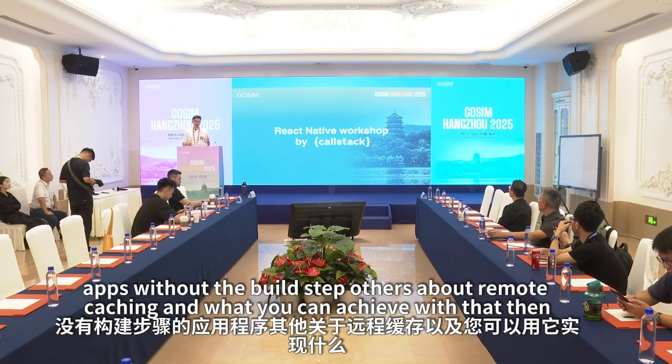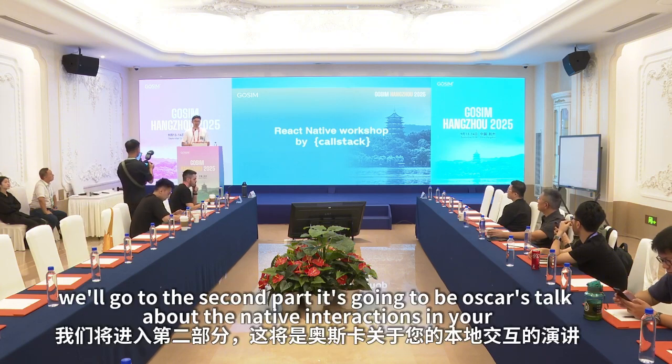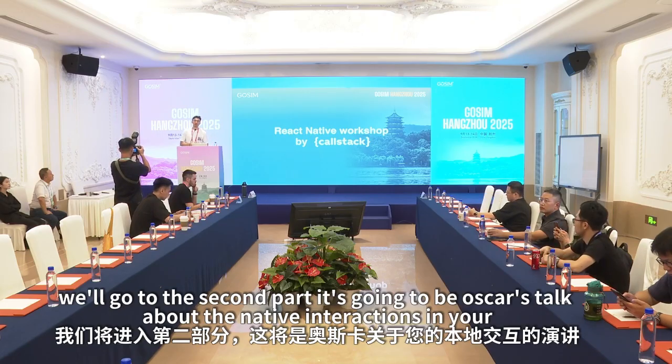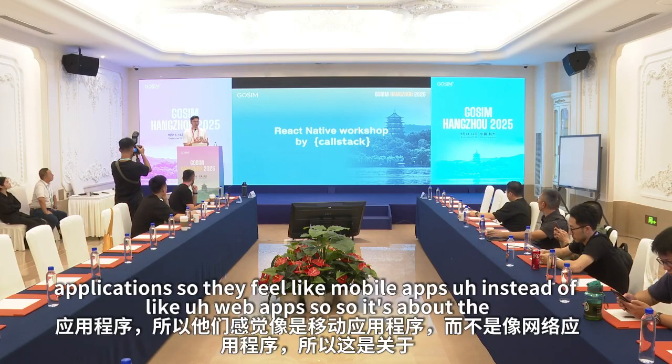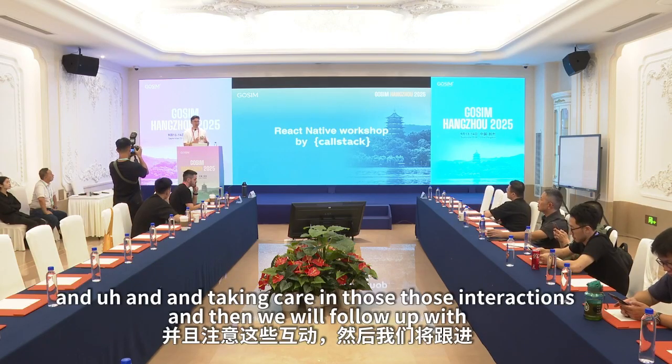This is about remote caching and what you can achieve with that. Then we'll go to the second part. It's going to be Oscar's talk about the native interactions in your application, so they feel like mobile apps instead of like web apps. So it's about the polish and taking care in those interactions.